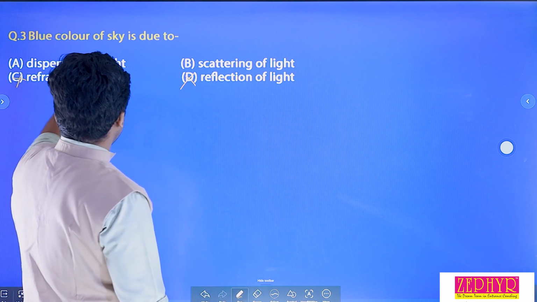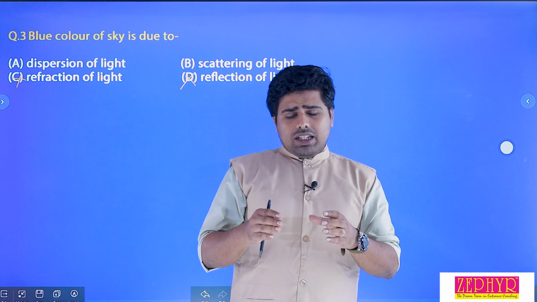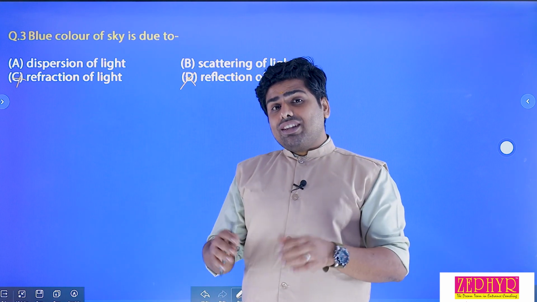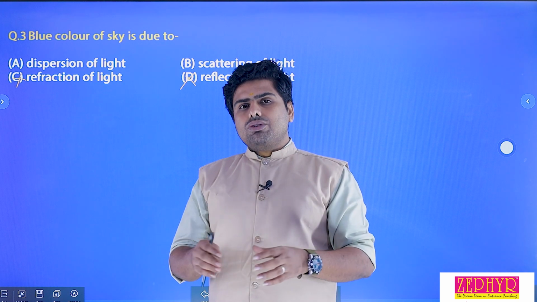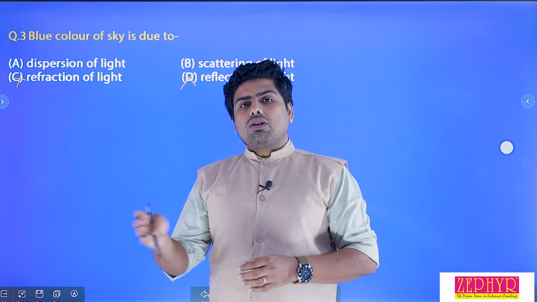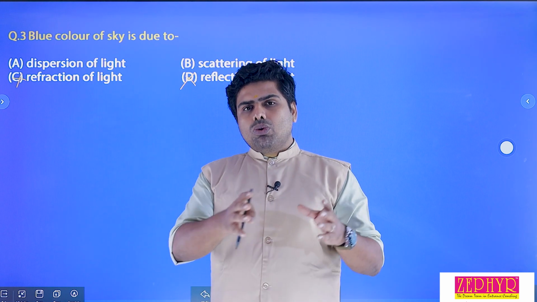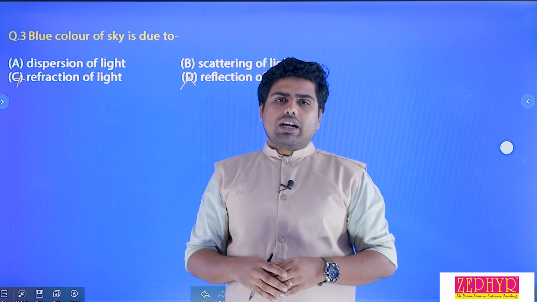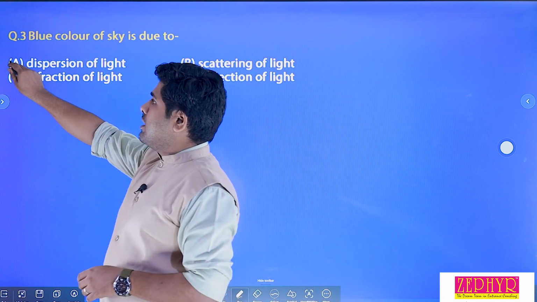And dispersion of light. What is dispersion of light? Dispersion of light is the splitting of white light into its constituent colors, which consist of 7 colors known as VIBGYOR: violet, indigo, blue, green, and so on. So that is not a reason for the blue color of the sky.